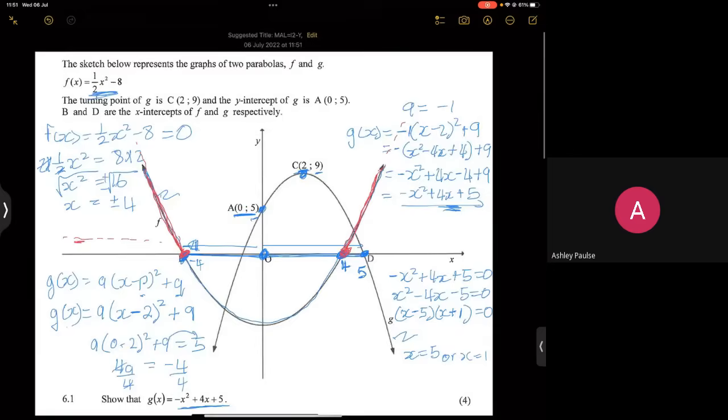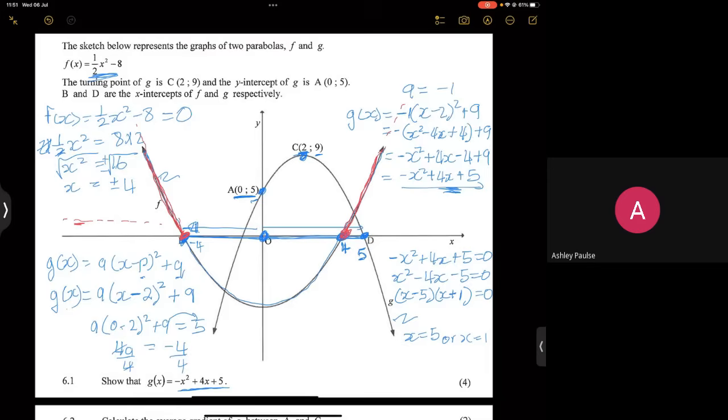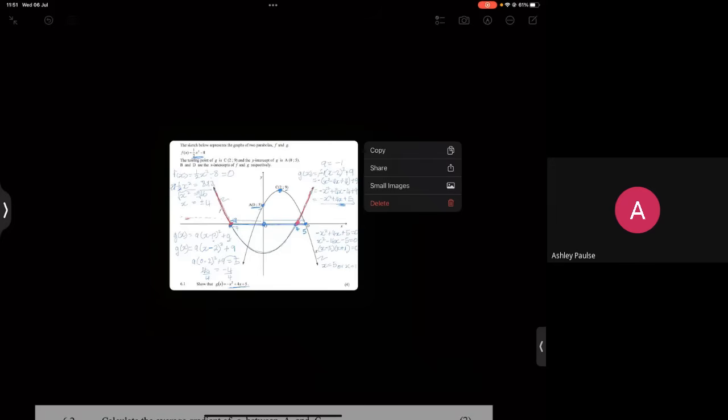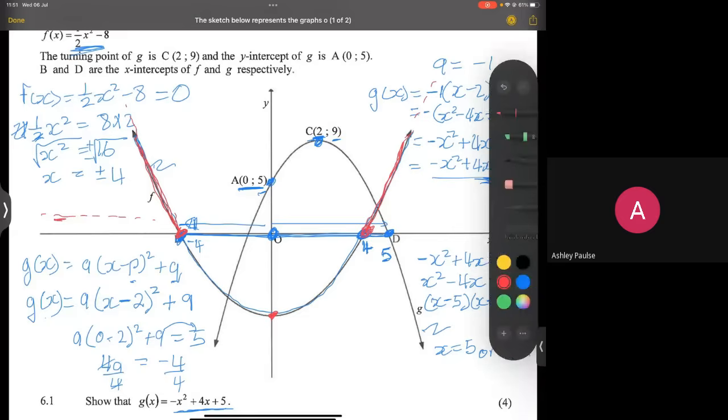So if I look at that, f is increasing from 0 up until infinity, and g is increasing from negative infinity.